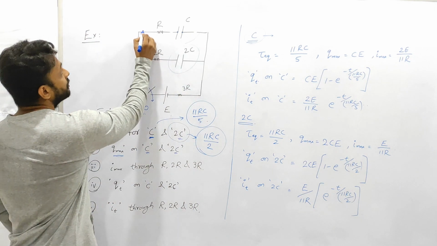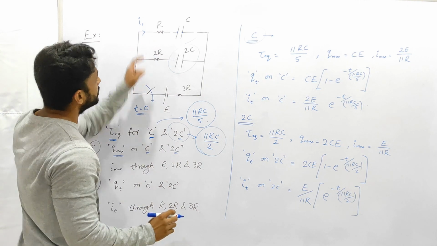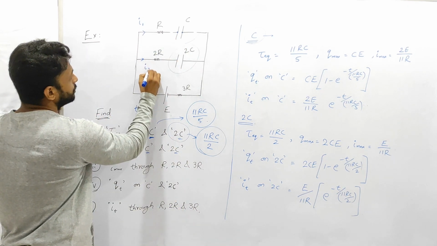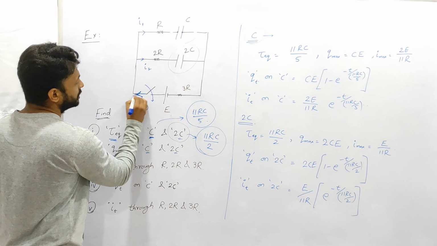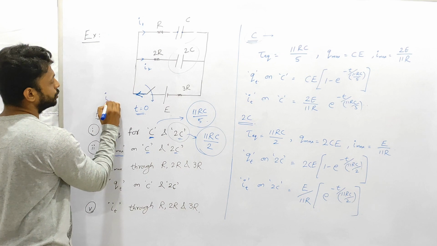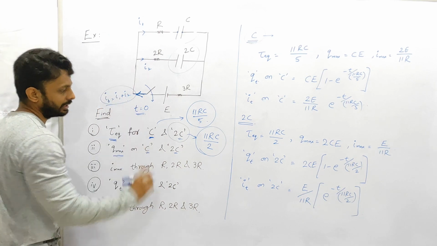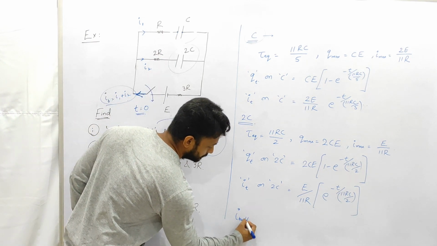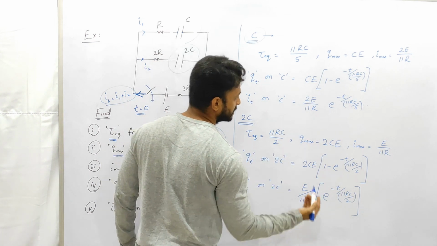Now we have I as a function of time through capacitor C and I as a function of time through capacitor 2C. Now I am asking what is the I as a function of time through the battery. That is equal to I1 plus I2. Just use Kirchhoff's law directly. So I through the battery is this current plus this current.